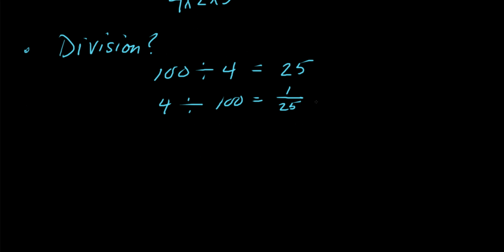Now, there is a situation where it kind of applies, but you have to recognize something. It won't make sense if you write it that way. So instead, I'm going to write division this way. If I had 100 divided by 4, well, I could use the commutative property of multiplication here, but it might not be apparent. How do you do that?